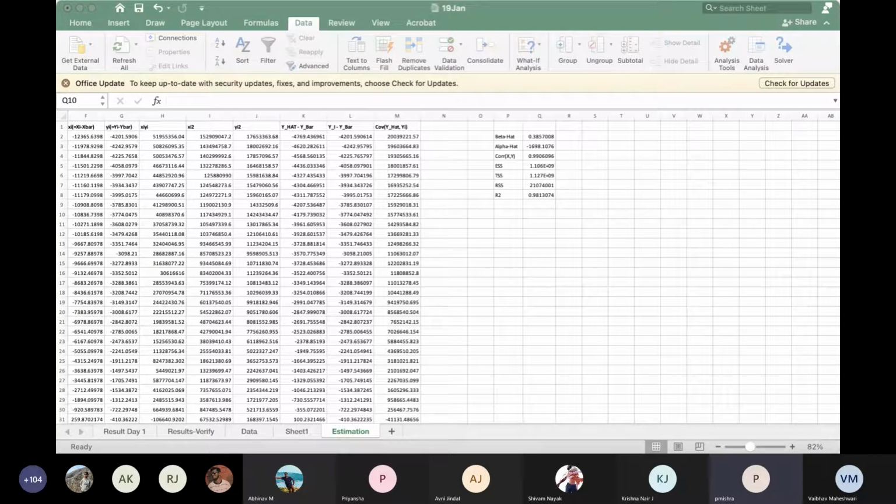That if I change the origin and scale of X and Y, depending on how I am changing the origin and scale of X and Y, there would be change in value of alpha hat, value of beta hat, but R square value will remain the same. Isn't it? So just verify at your end whether that holds.